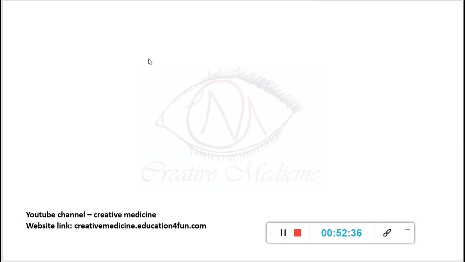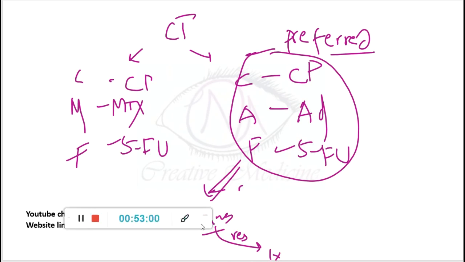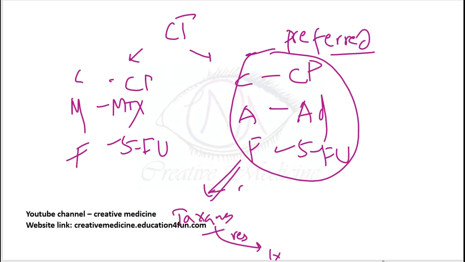Usually 6 cycles are given. For adriamycin resistant breast cancer, if the cancer is resistant to the CAF regimen, then taxanes can be given to the patient. If the tumor is resistant to taxanes also, then ixabepilone can be given.